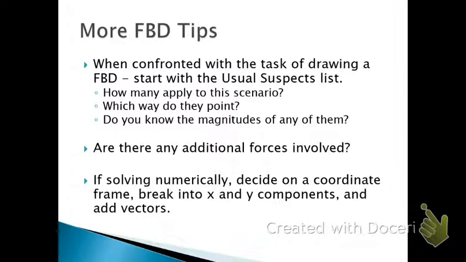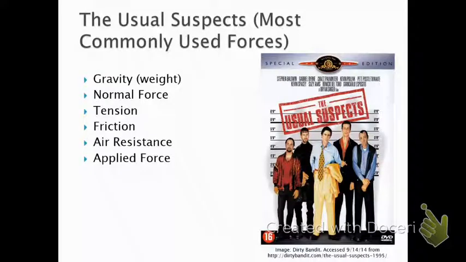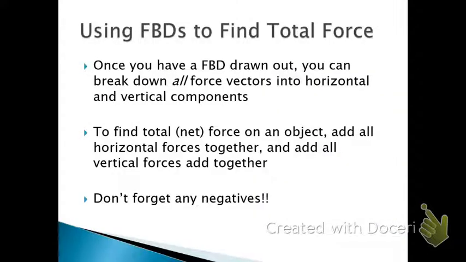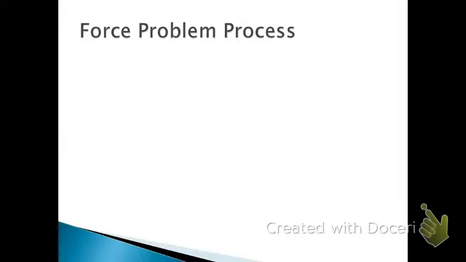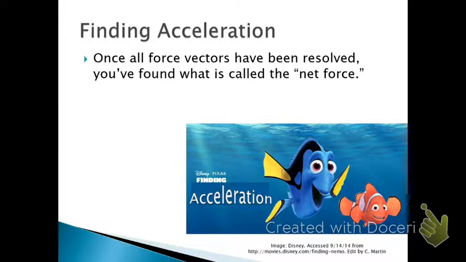Add up your x's, add up your y's, and you've done it. So once again, here's the usual suspects list. I think I've already gone through all this, so you know what you need to know about that.